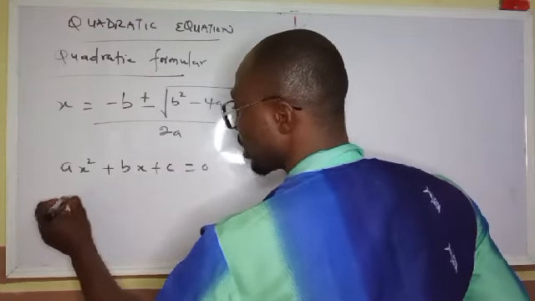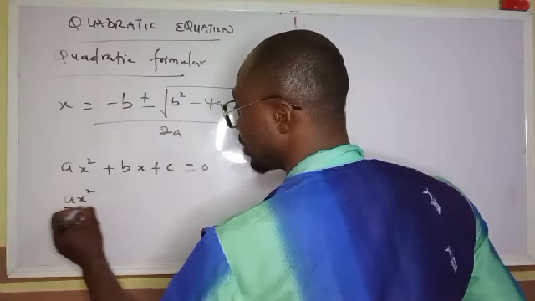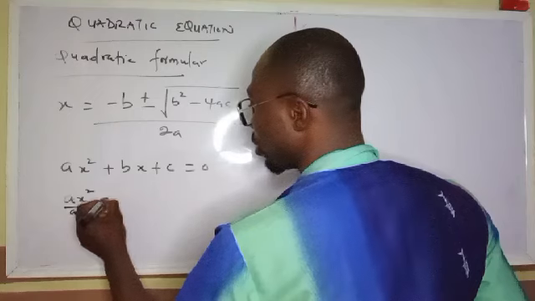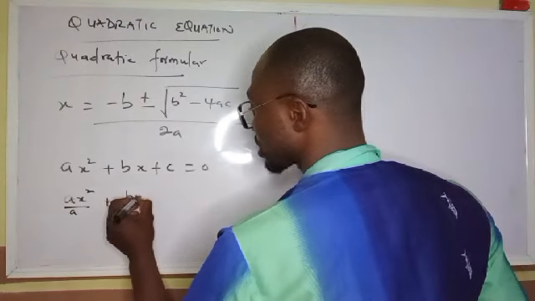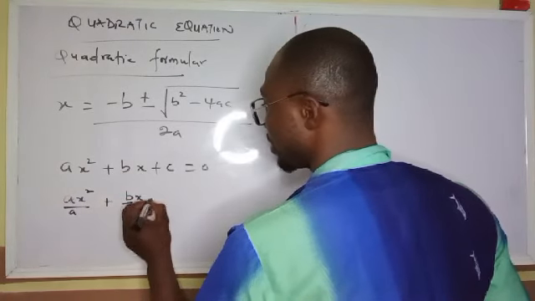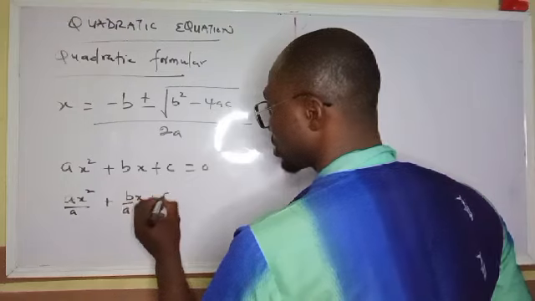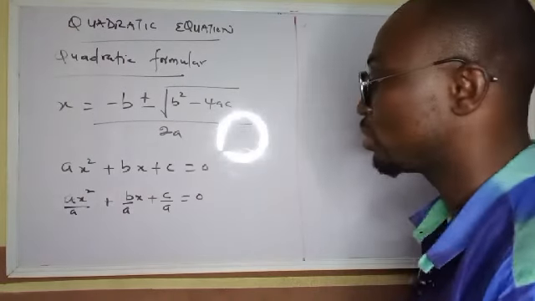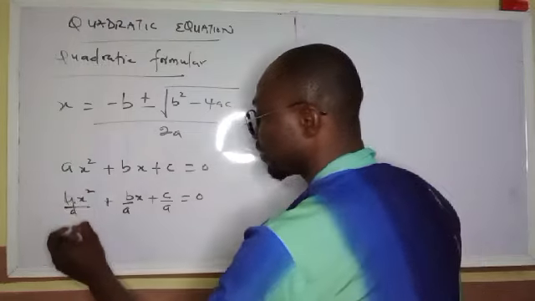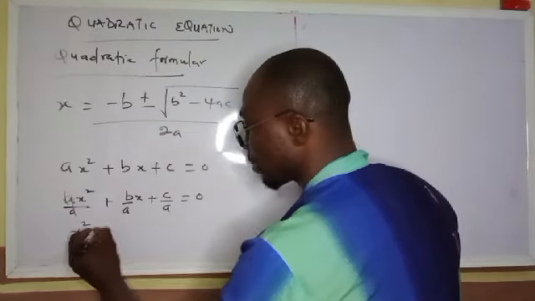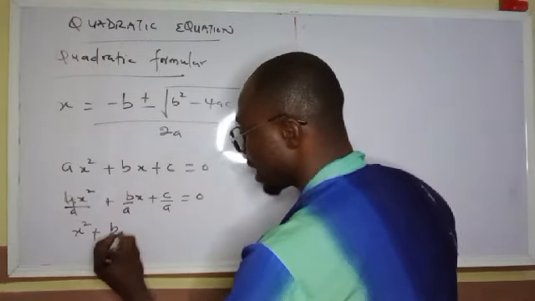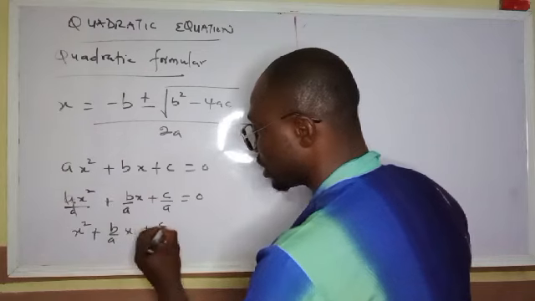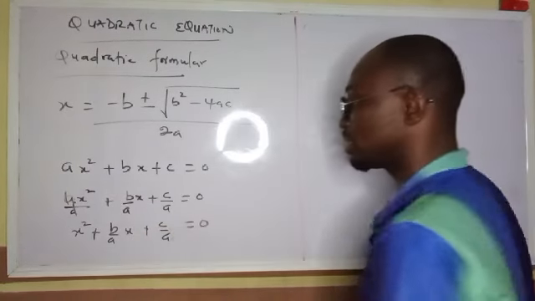So we have ax squared divided by a plus bx divided by a plus c divided by a is equal to 0. So we have x squared plus b over a x plus c over a equals 0.